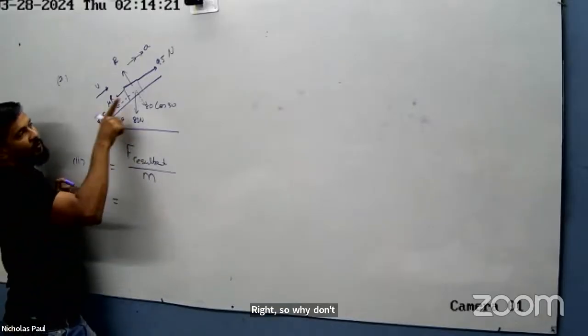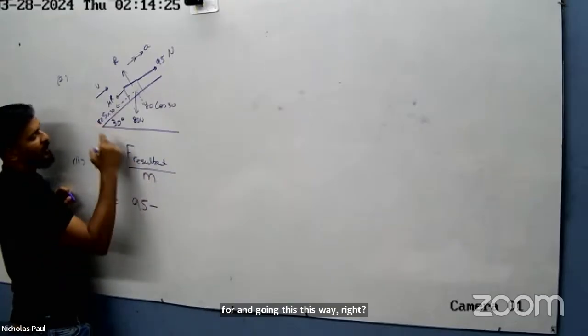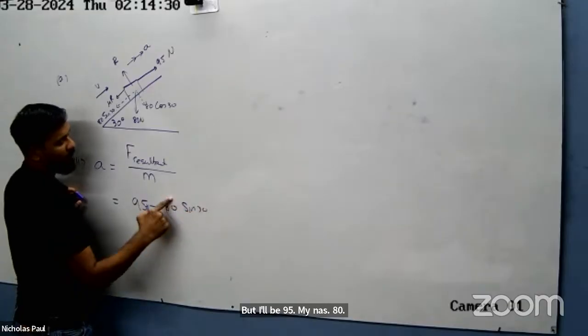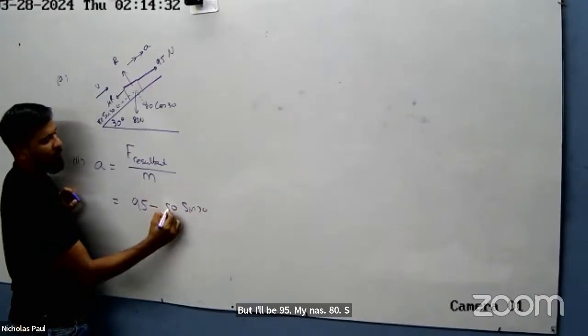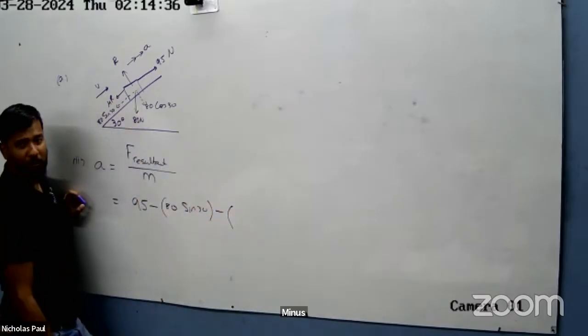The resultant force is going this way, right? So that'll be 95 minus 80 sine 30 minus mu R. Mu is what, 0.4?